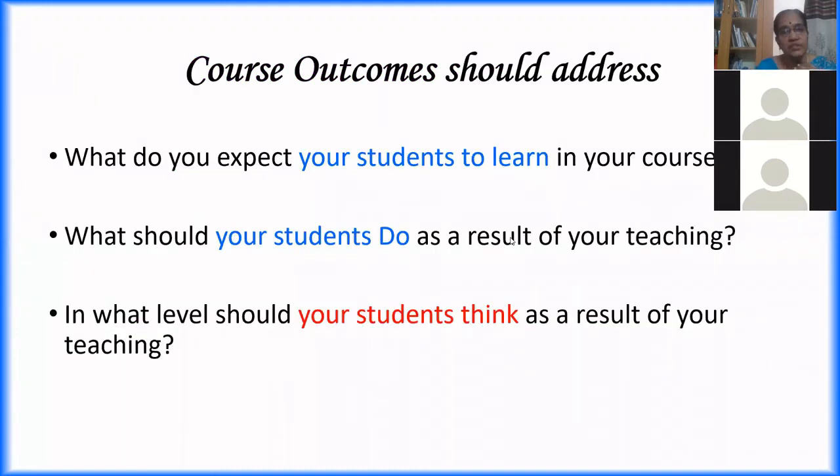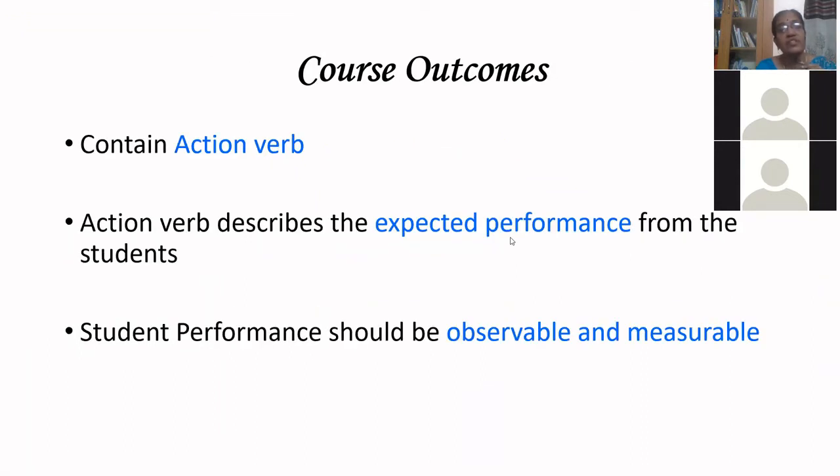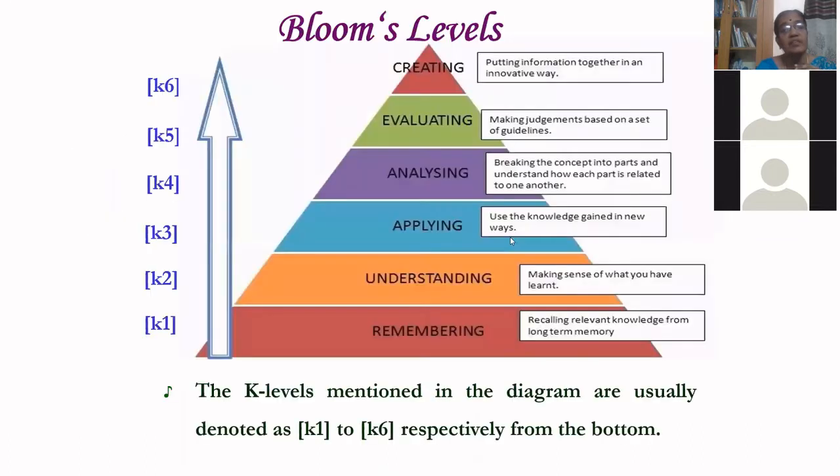Course outcomes should address what the students are going to learn, what they are going to do, and at which level they are going to think. A course outcome statement should contain an action verb that describes the expected performance of the students, and that expected performance should be observable and measurable.